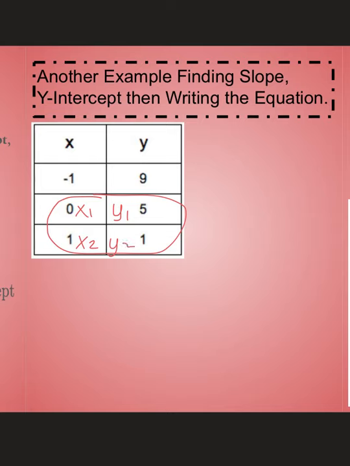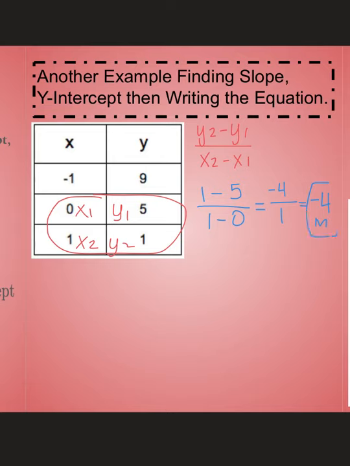I'll fill in my formula, y2 minus y1 over x2 minus x1. So my y2 is 1, minus my y1 of 5, over x2 of 1, minus my x1 of 0. Work this out: 1 minus 5 is negative 4, 1 minus 0 is 1. So my slope is negative 4.